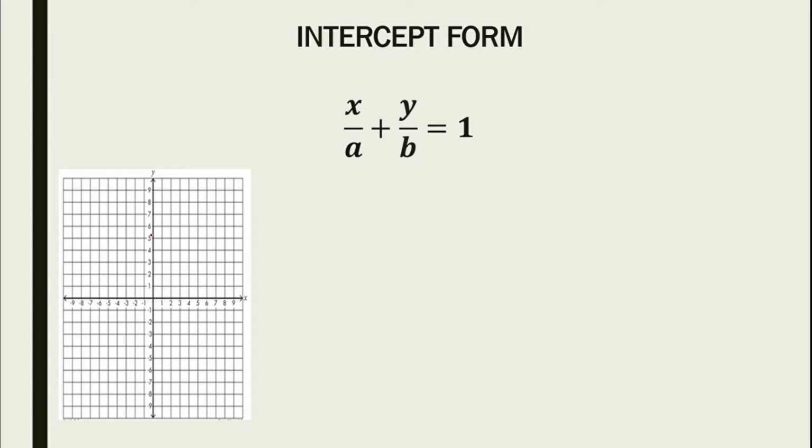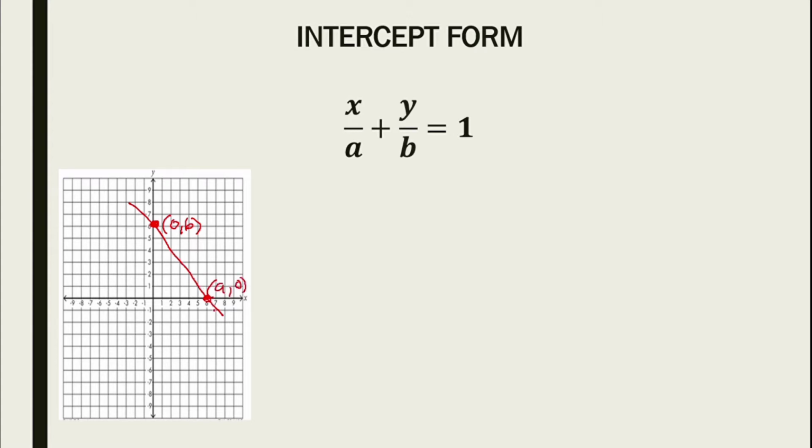For example, we have here this line. Since this is the point here and the point here, we will name them. It passes through the y-intercept, which is our 0b, and this is our a0.